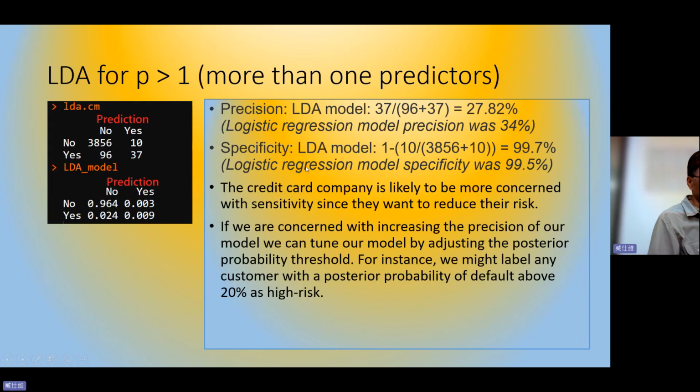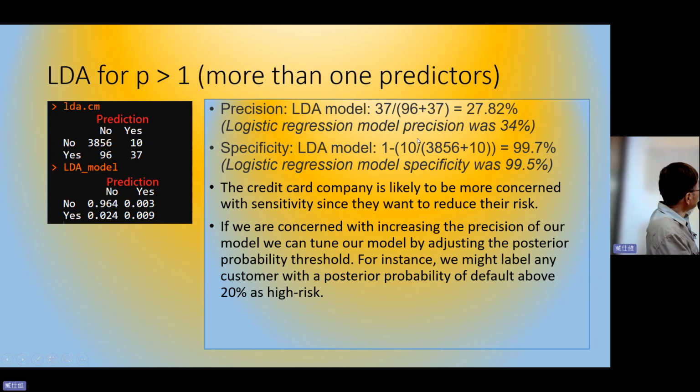If we move a little bit more, you can also calculate the precision. Based on the LDA model, the precision rate is only 27.82%, about 28%. But if we use logistic regression, the precision was 34%.